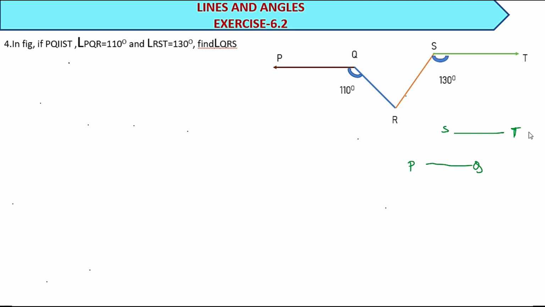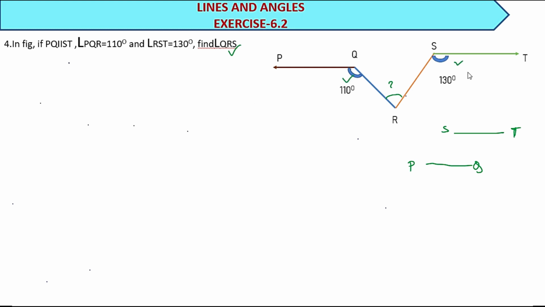So what are the things that are given to you? It's given that angle PQR equals 110 degrees and angle RST equals 130 degrees. What you are asked to find out is angle QRS, which is this part. The only hints given to solve this question are these two values.